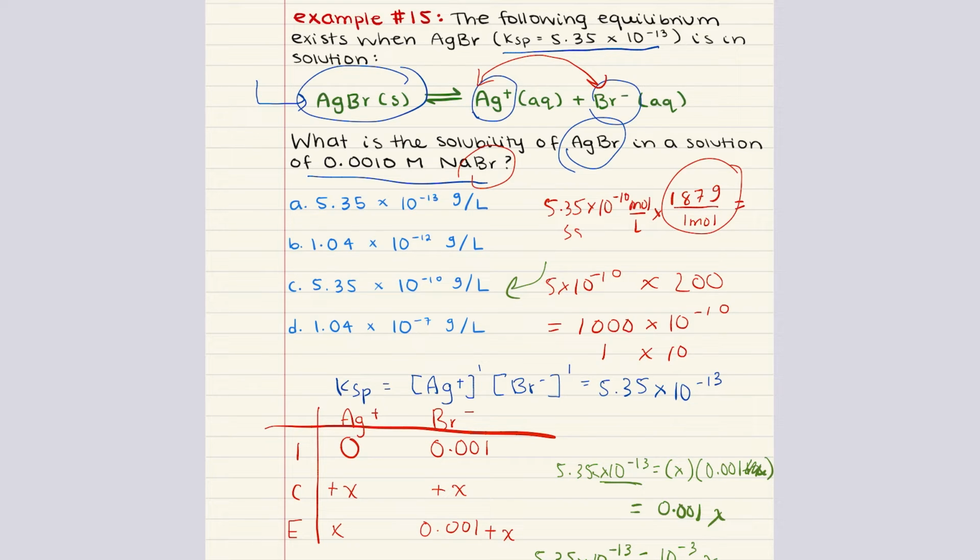And that means we can adjust this minus 10 to just minus 7, since this is 1, 2, 3 units to the left, so we can add 3. And that is how we get 1 times 10 to the minus 7 grams per liter. And that matches answer choice D. So the correct answer for problem 15 is D.